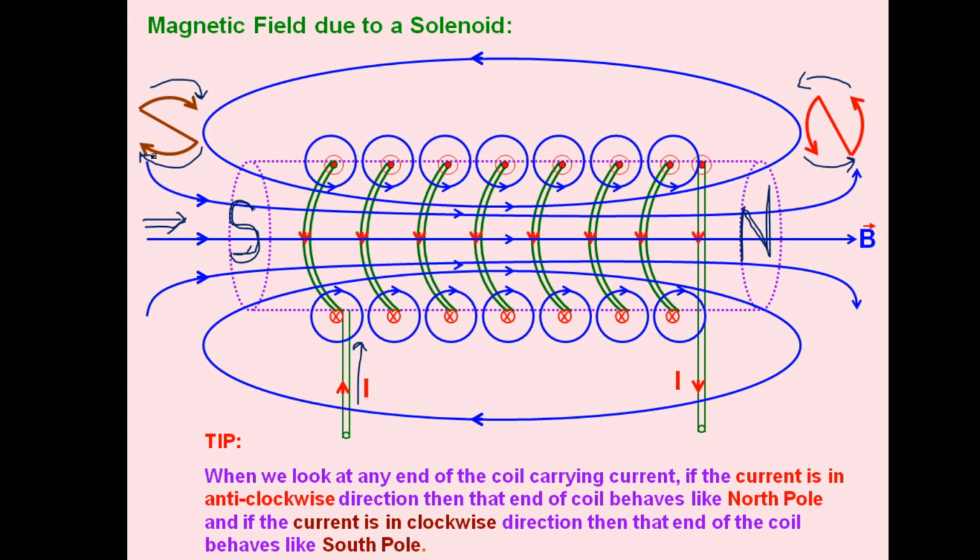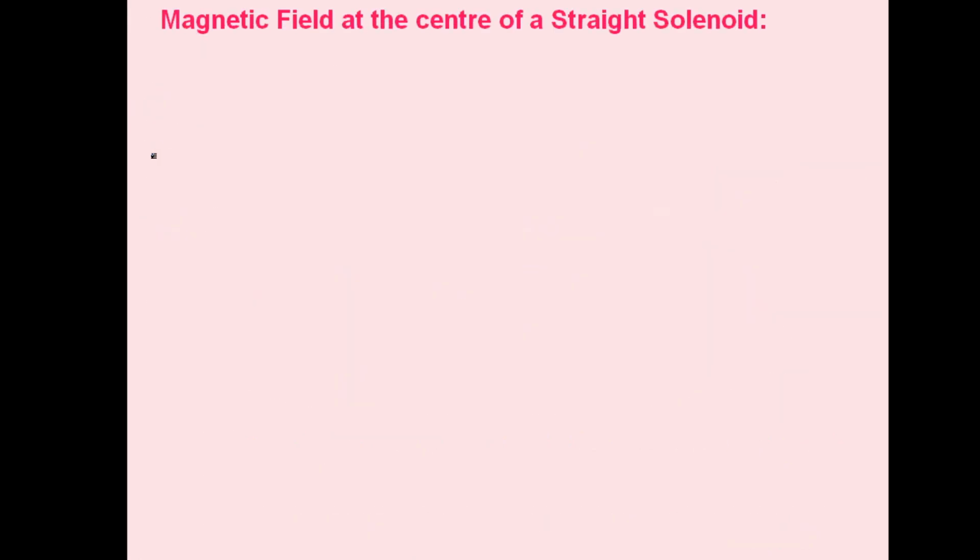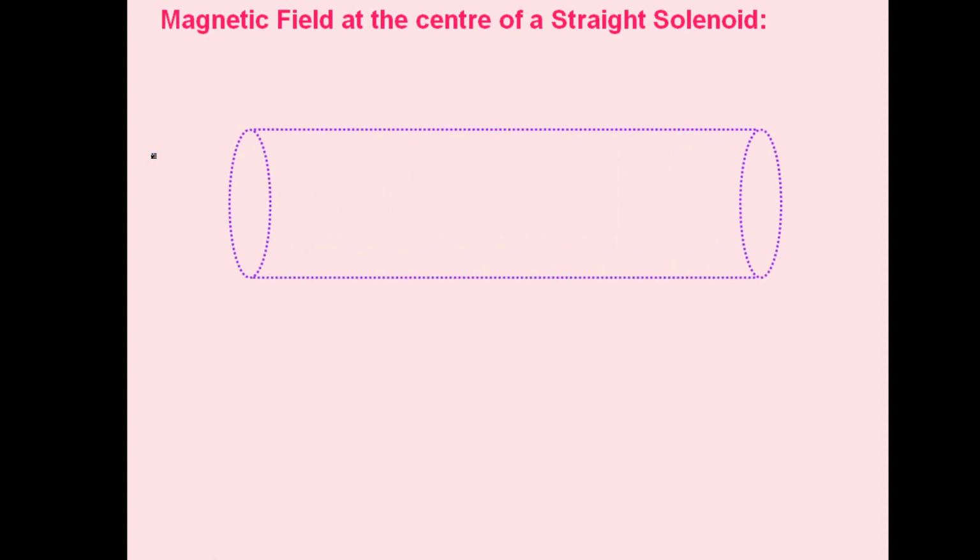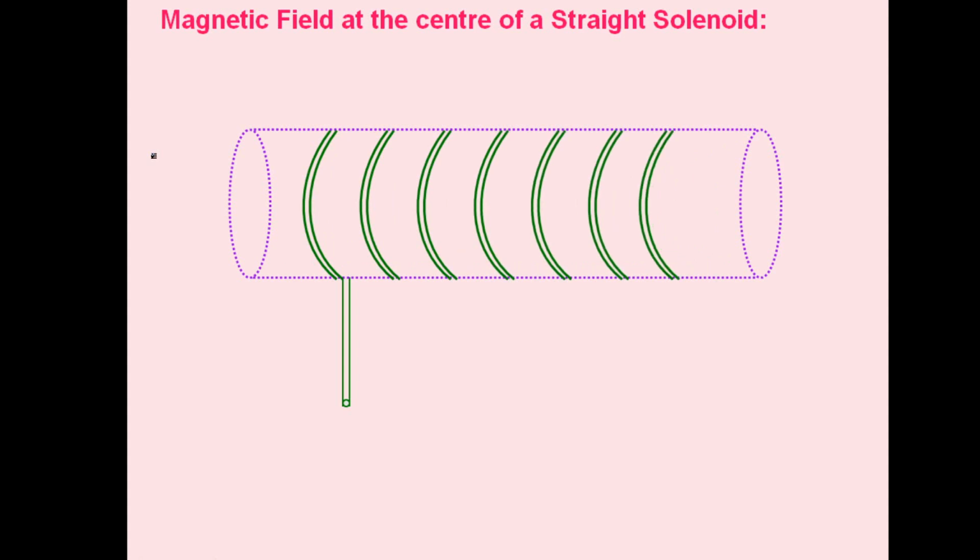Then coming to the next topic, the magnetic field at the center of a straight solenoid carrying current. This is the solenoid again carrying current in the same way we discussed in the previous step. This is the direction of current, and then the direction of the magnetic field.